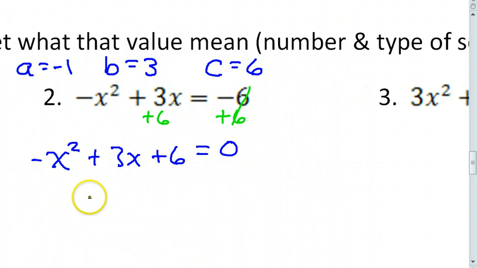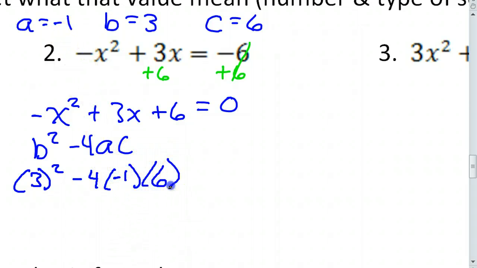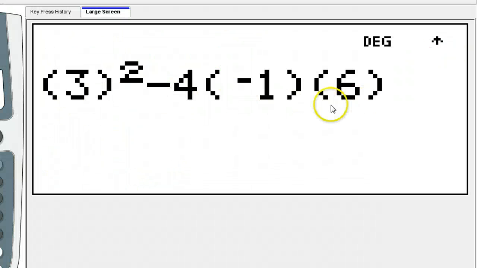Alright, yeah, we're finding the discriminant. So we're going to do b squared minus 4ac. That means we'll have 3 squared minus 4 times negative 1 times 6. So there you go.